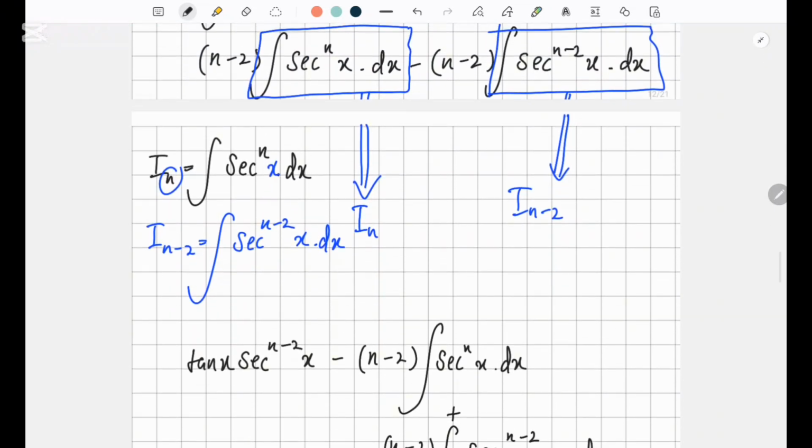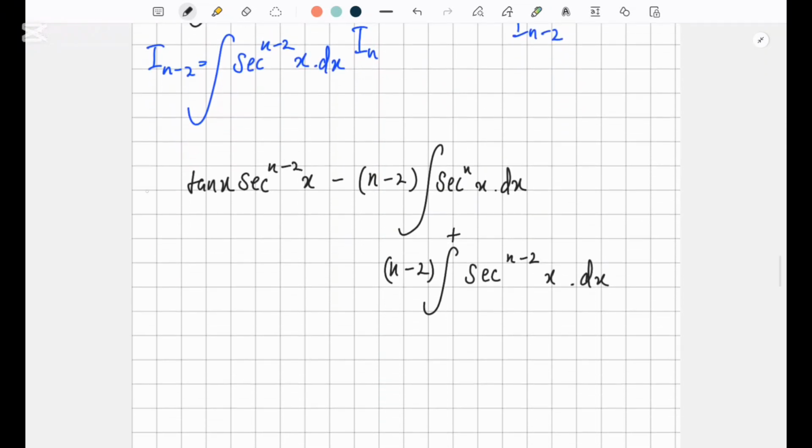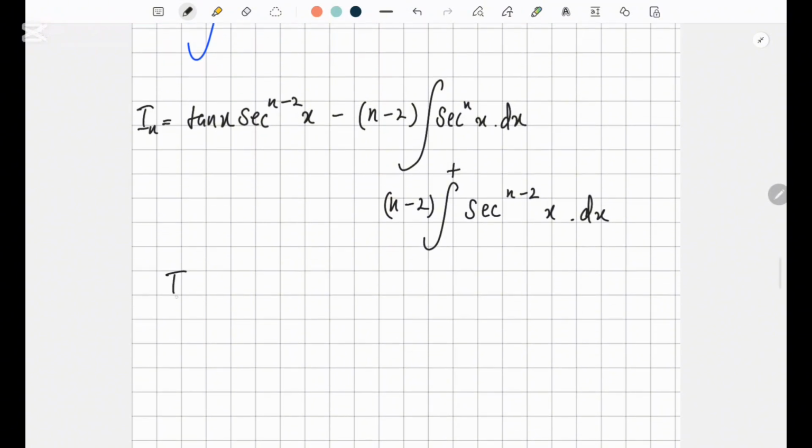Now with what I told you guys previously, we could write this as, so I_n is our integration of sec x to the power n, which equals tan x sec x to the power n minus 2, minus (n minus 2) into I_n, plus (n minus 2) into I_(n minus 2).